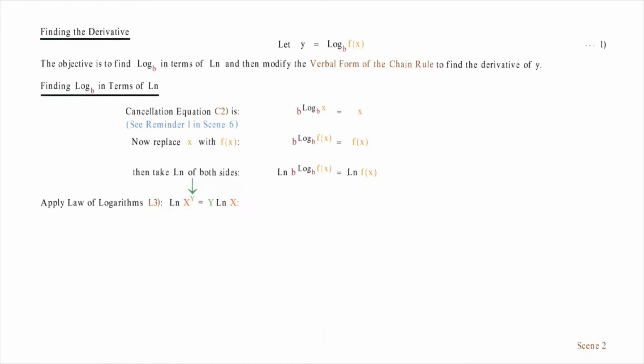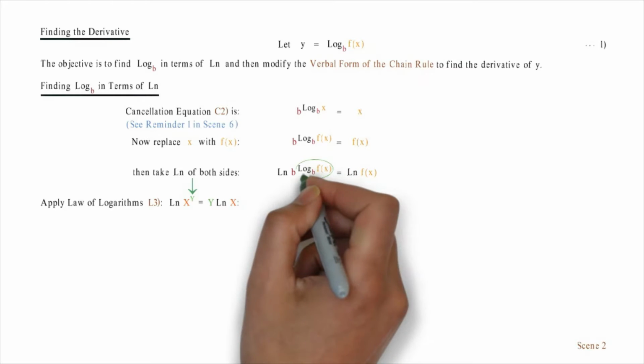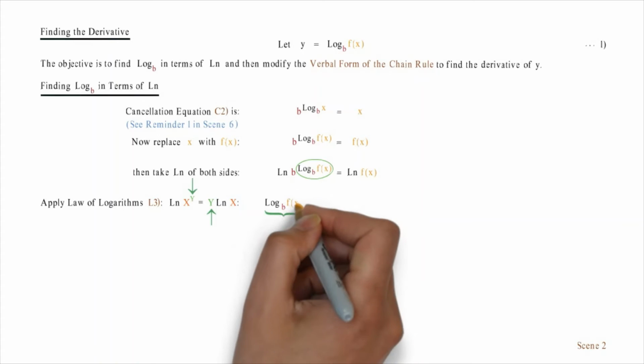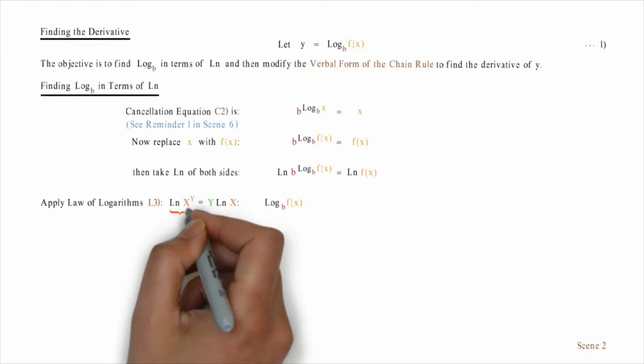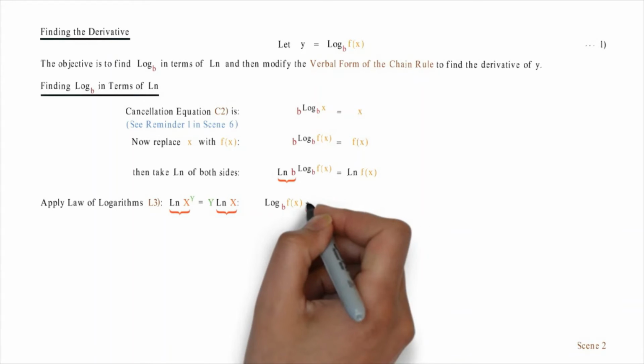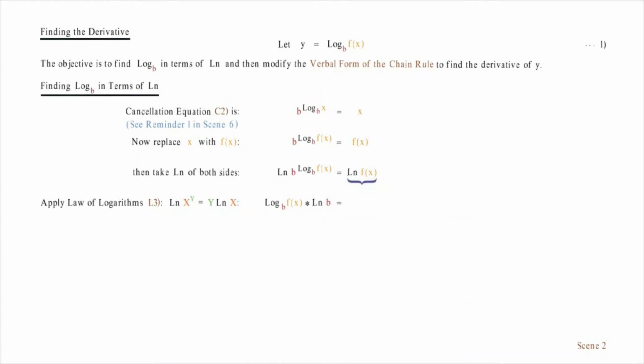Since y is log base b of f of x, replace y with log base b of f of x. Since ln of x is ln of b, replace times ln of x with times ln of b. This equals ln of f of x.